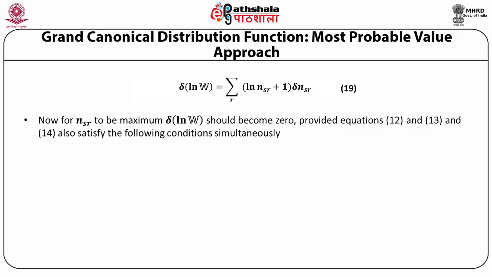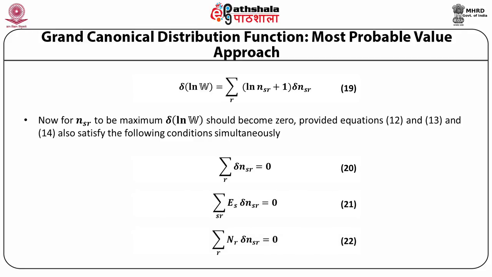Now for W to be maximum, delta log of W should become 0, provided equations 12, 13 and 14 are also satisfied simultaneously. That is, summation over S, R of delta N_SR is equal to 0, summation over S, R of E_S delta N_SR is equal to 0, summation over S, R of N_R delta N_SR is equal to 0.